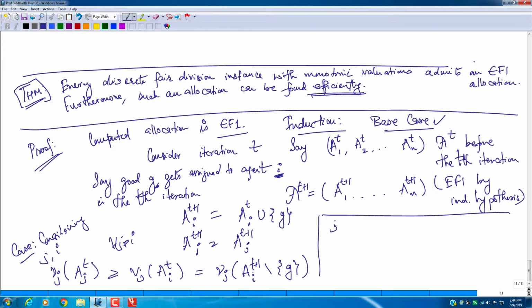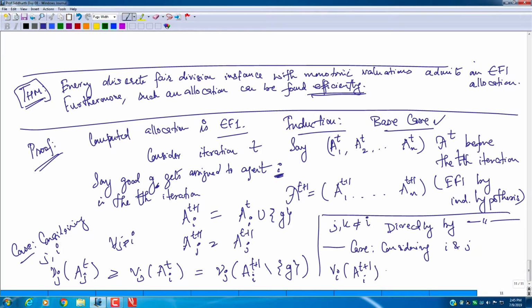So if I look at two agents that are both not equal to I, the EF1 property is already there and the bundles haven't changed. So this is directly by the induction hypothesis. And finally, the case where I consider I and j, what I have is, this is by monotonicity.